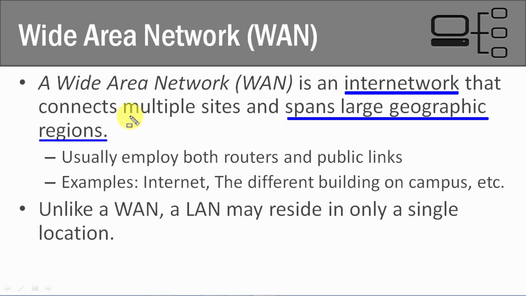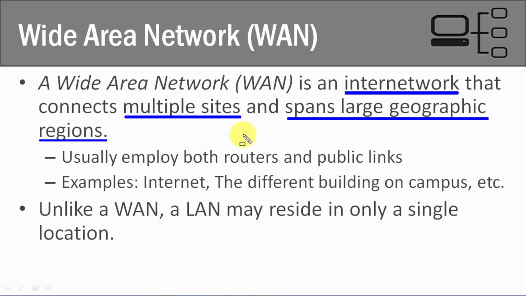And the key point to this is that, let's say, for example, you had an office building for a large corporation, one in San Francisco, another one in New York, and another one in Dallas, and you needed to connect all those together. Well, those would be either LANs or a connection of LANs as an internetwork at each site, at each location.